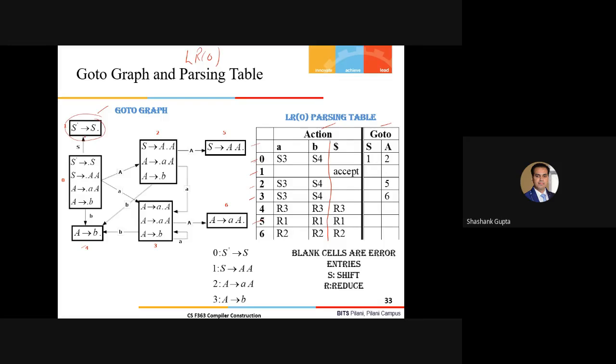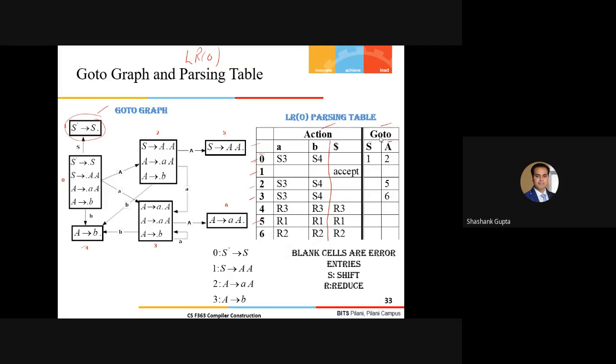Similarly, 0 on A, I am moving to state 2 here. Fine. So this time I am not performing any shifting operation. Consider this is my input symbol, this is the top of the stack configuration. So both these are stack configuration this time. That's why we are not performing any shifting on the input here.